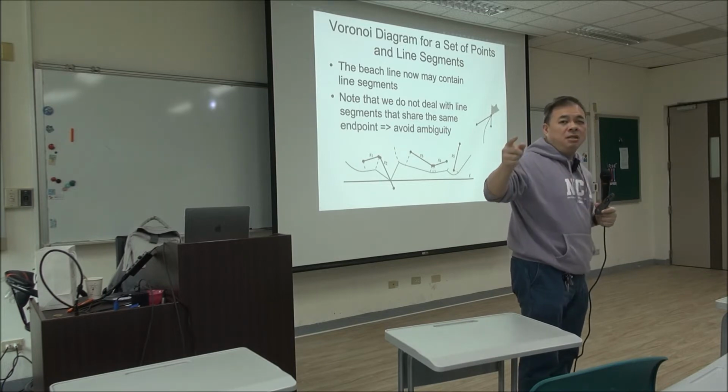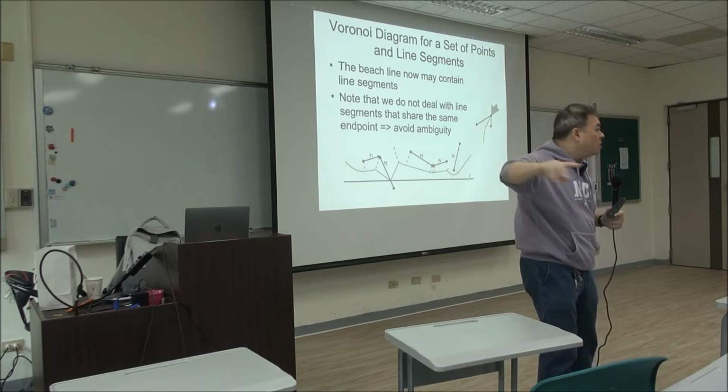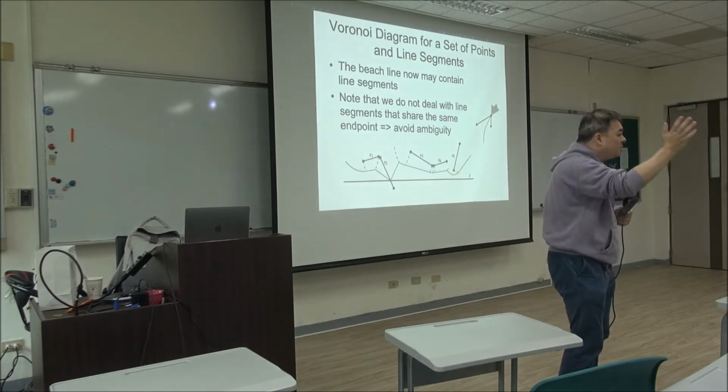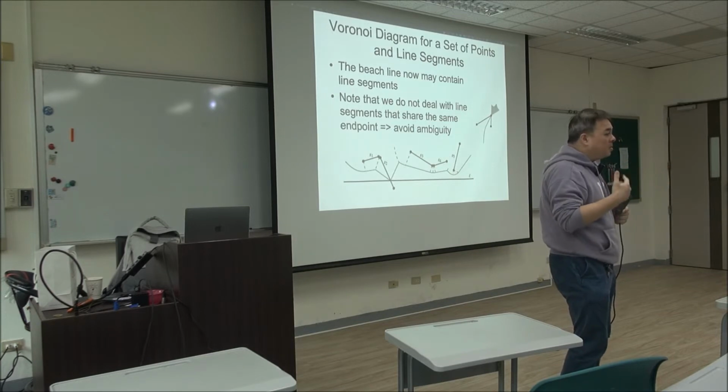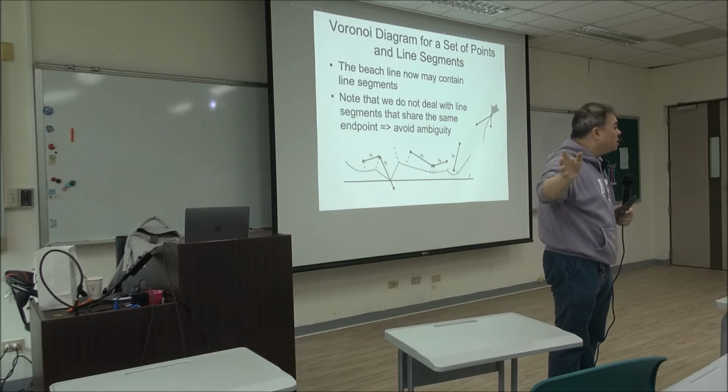For example, if I'm a robot, and I know this is the wall, and that is the wall, I should walk in between, so that I can avoid hitting either the left side or the right side wall.